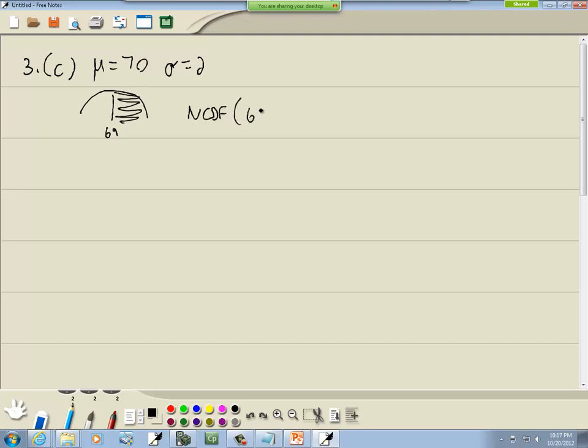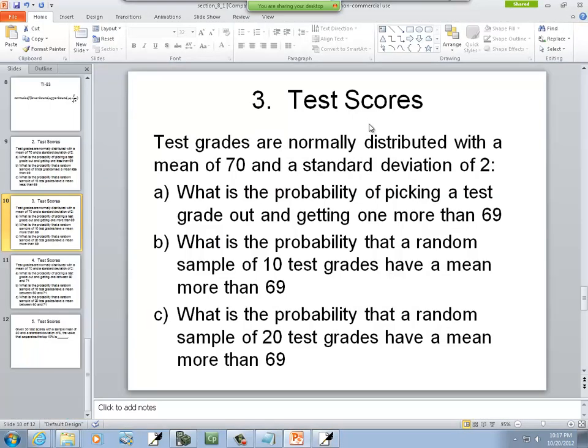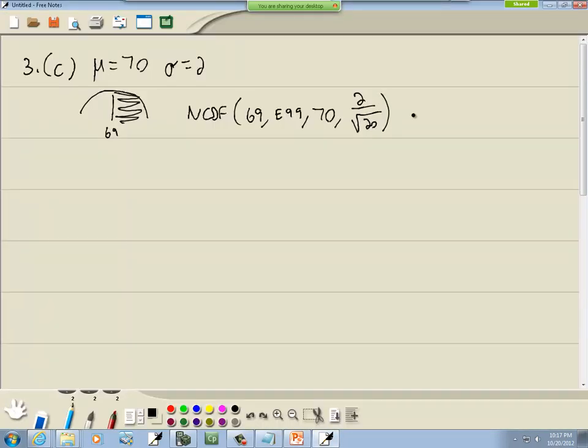And then 69 is our lower bound. E99 is our upper bound. Our mean, which is 70, and our standard deviation, which is 2, divided by the square root of n. And here we're talking about 20 test grades, so I'll put 20 in there.